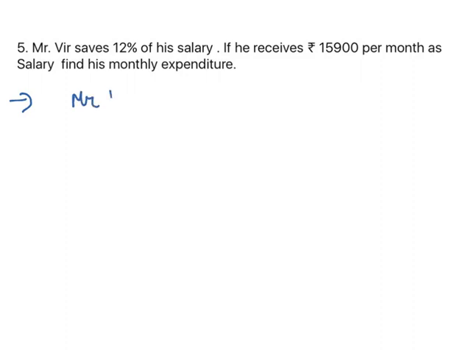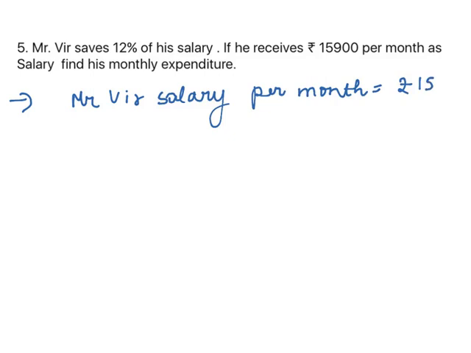So in the question we are given Mr. V's salary per month is equal to rupees 15900, and his savings are 12% of the salary.